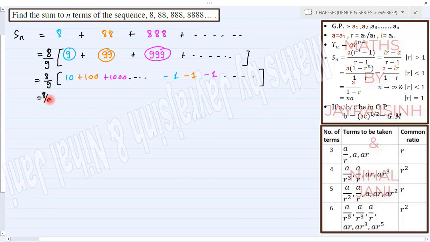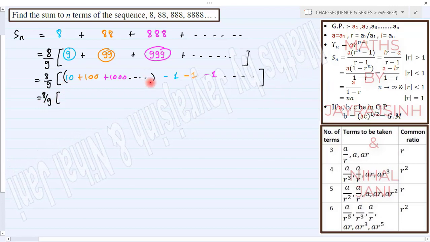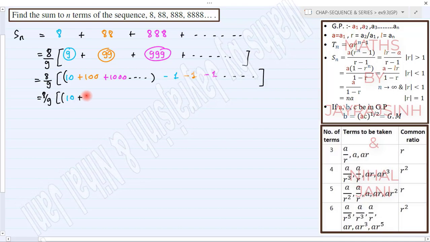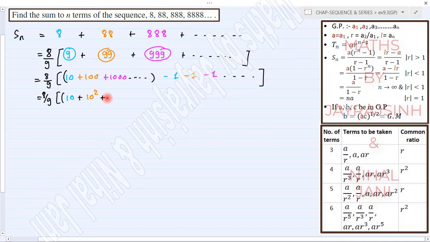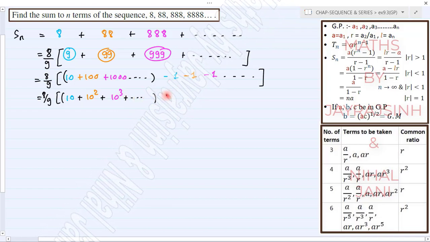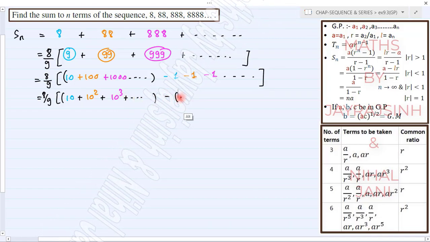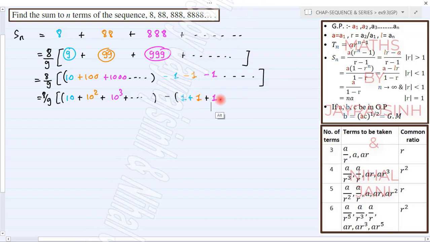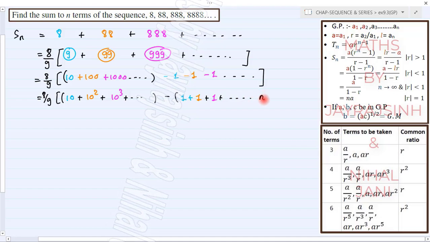So here we will get 2 series. In the first series we have 10 plus 100, or we can say 10 square, then 10 cube and so on. And from the second series we can take minus common. You will get 1 plus 1 plus 1 up to n times.